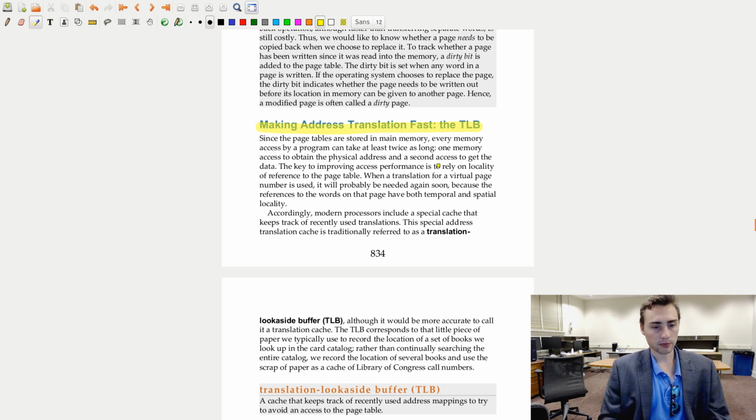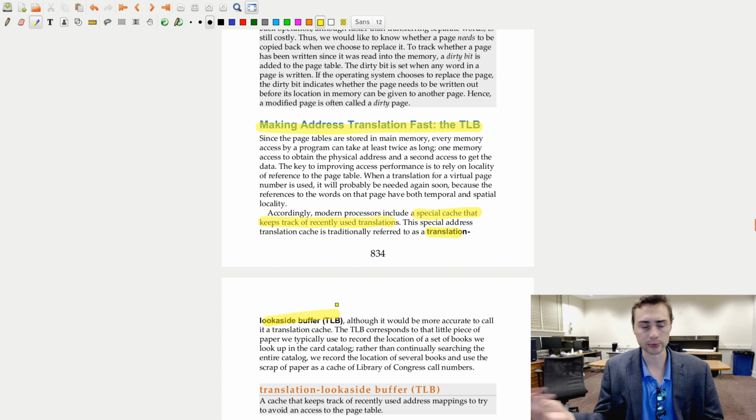The translation look-aside buffer is exactly what it seems like. It's a cache. Modern processors include a special cache that keeps track of recently used translations. This special address translation cache is a translation look-aside buffer. We just call it a TLB.